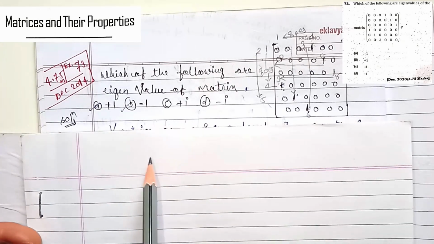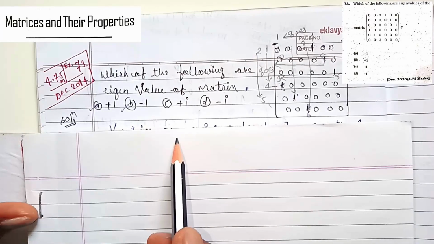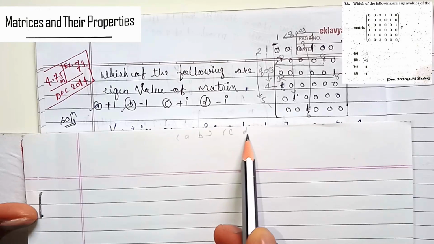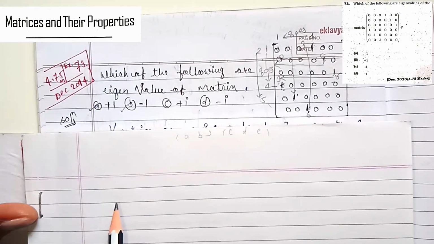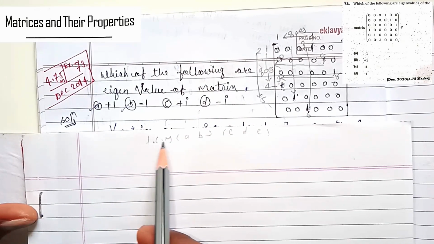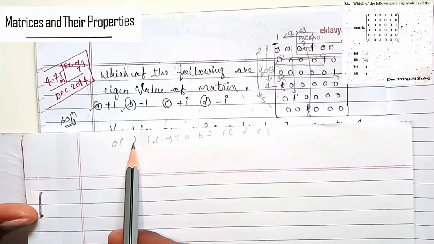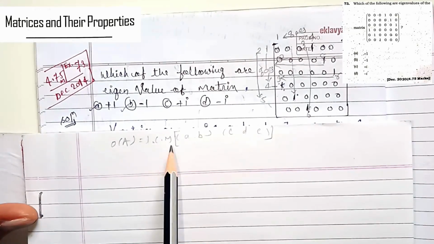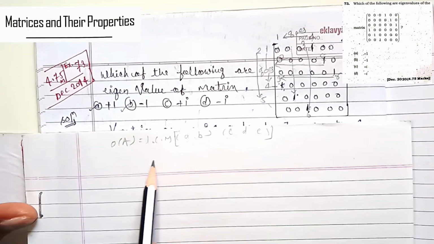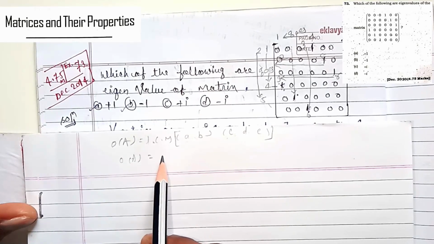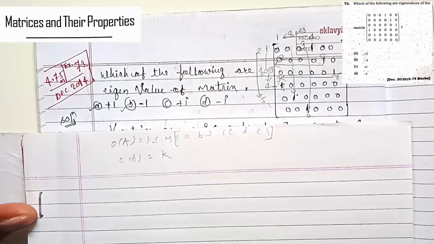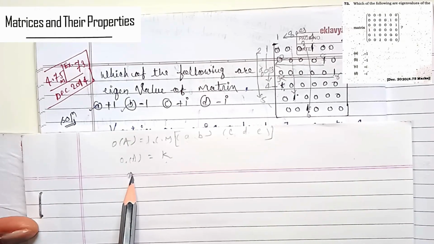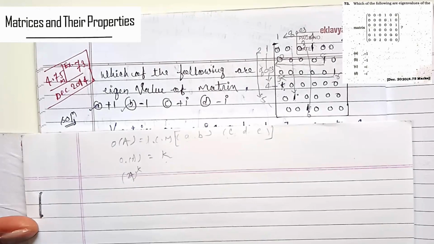For example, A goes to B, B goes to C, C goes to D, D goes to E, and so on. With these images, we always take the LCM to find the order of the given element. Suppose the LCM is K. Then the order of A is K, and we write A to the power K.